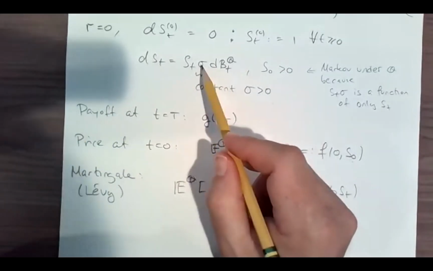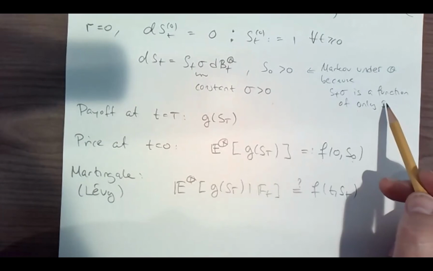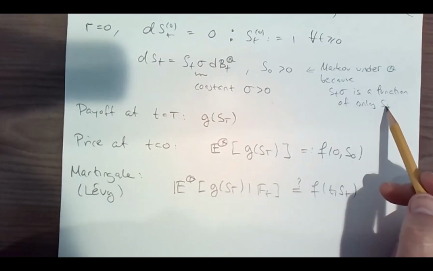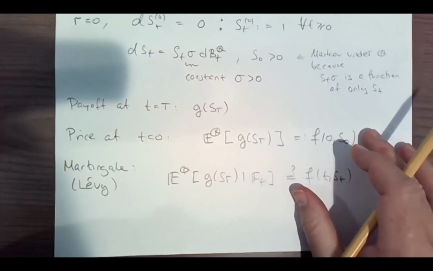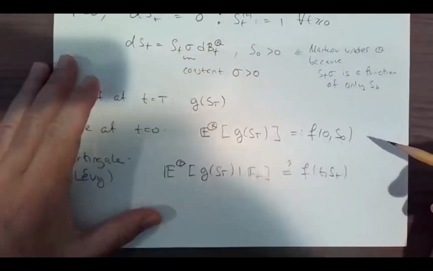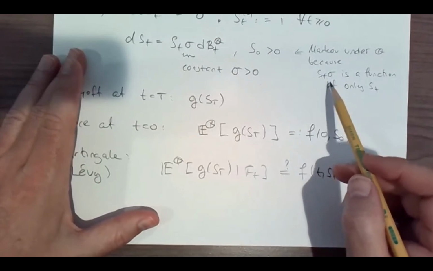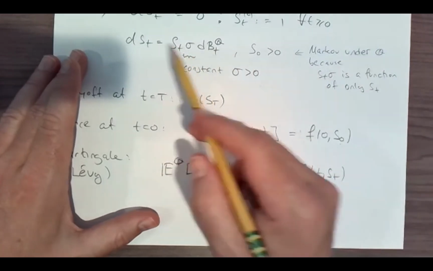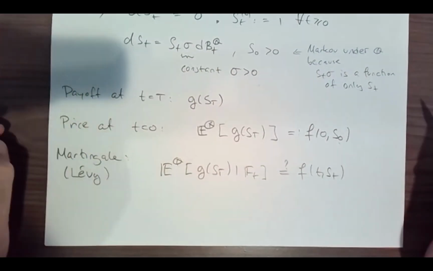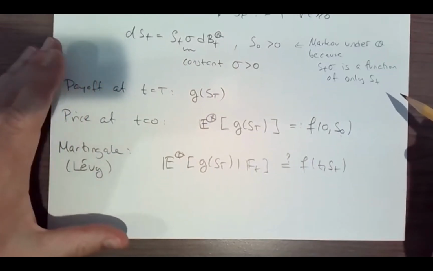When you have a stochastic process for sigma_t, then you would have S_t sigma_t, which is not a function of only S_t. That will also require sigma_t. Somebody asked about that last week in the office hour session. Because sigma is a constant here, S by itself is Markov. This would never work had sigma been stochastic.